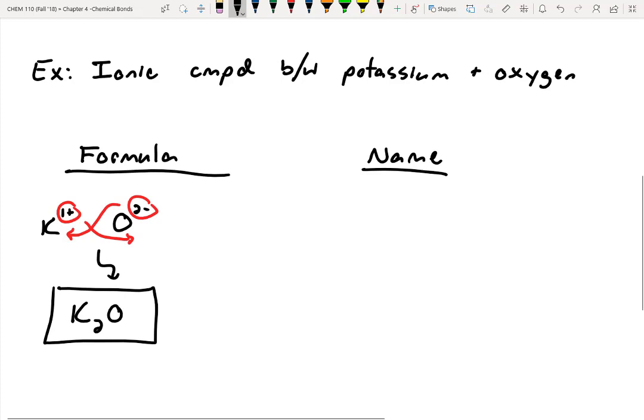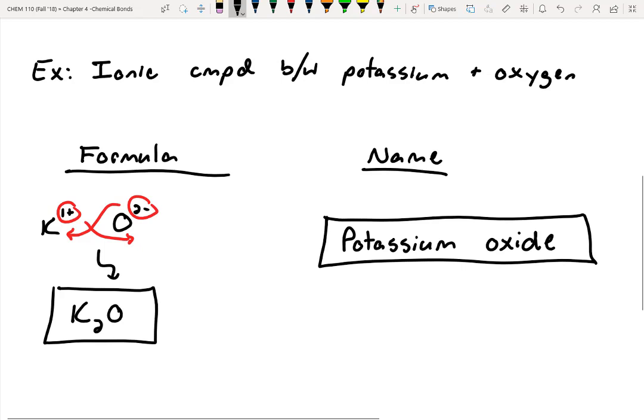Now we have to figure out its name. We always list its cation first. So the name is pretty simple. It's going to be potassium. The anion is oxygen, but we need to have an IDE suffix. So what do you think would sound most appropriate? Oxide. So potassium oxide.